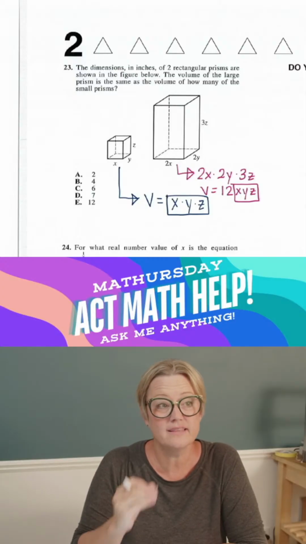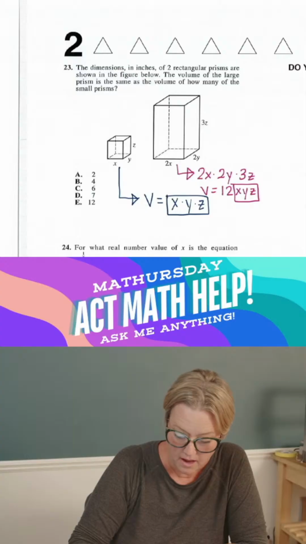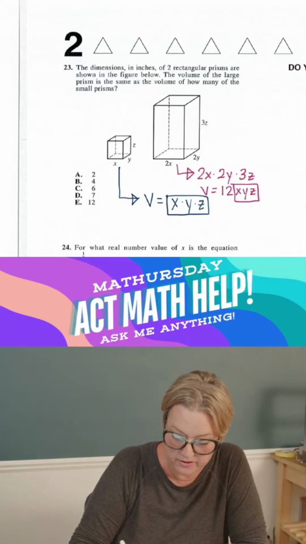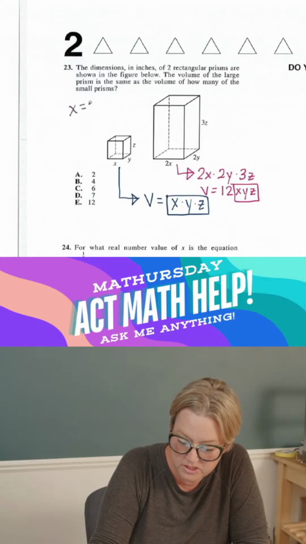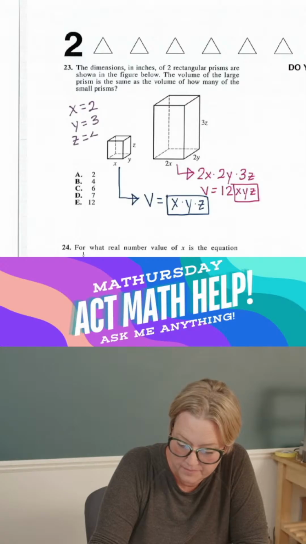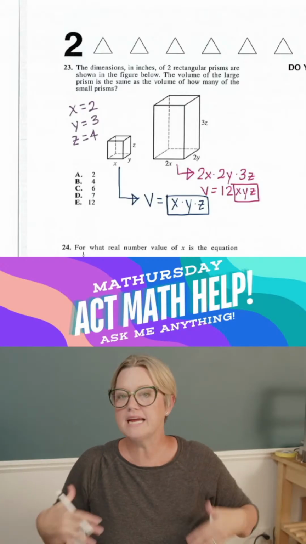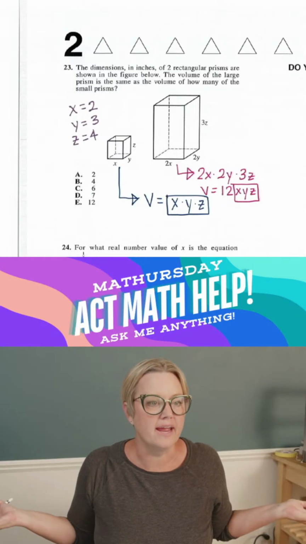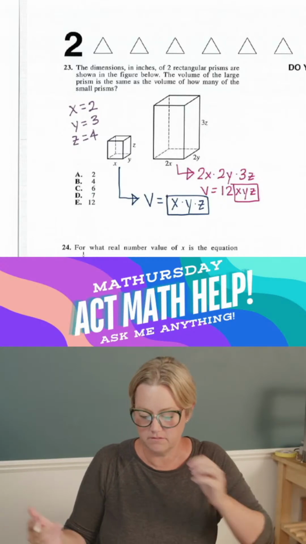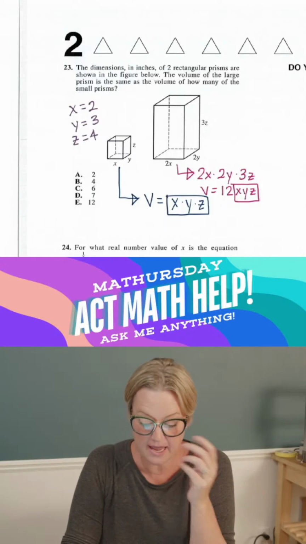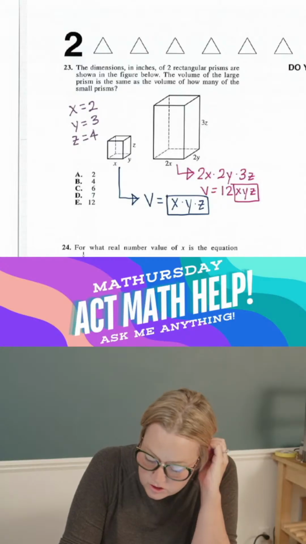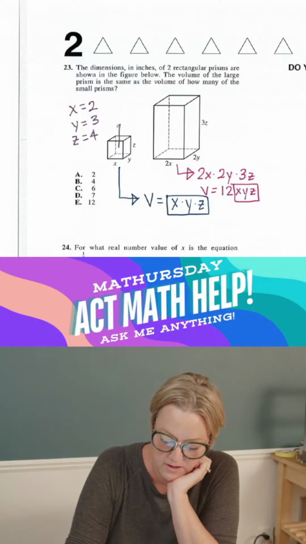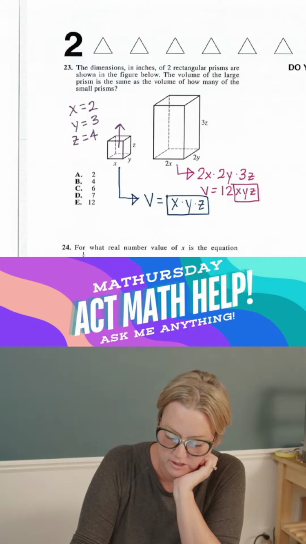But let's also look at this if we just plug in some numbers. So if we plug in values, let's say that X is 2, Y is 3, and Z is 4. We're just gonna assign those, they're kind of arbitrary, but we're going to use them because we know that X is X, Y is Y, Z is Z in each of these. So the volume of the smaller one would be 2 times 3 times 4, which is 24.